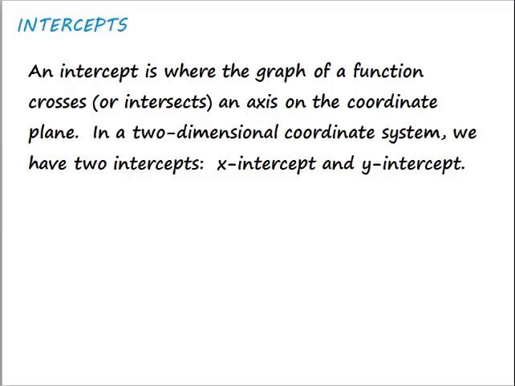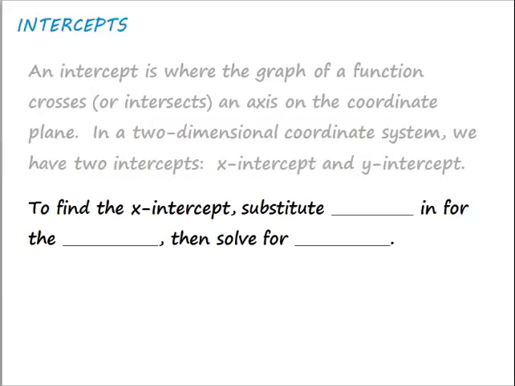Intercepts. An intercept is where the graph of a function crosses or intersects an axis on the coordinate plane. In the two-dimensional coordinate system that we use, we have two intercepts. They are the x-intercept and the y-intercept. To find the x-intercept, all you do is substitute 0 in for the y, then solve for x.